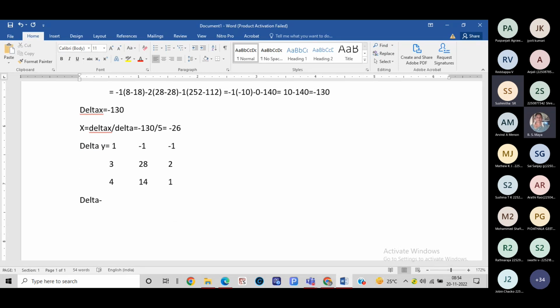Delta y is equal to, tell me the answer: 1 into 21, 21 minus 14 twos are 28. Minus into minus, plus 1. Can directly write plus 1. 3 ones are 3, minus 4 twos are 8.